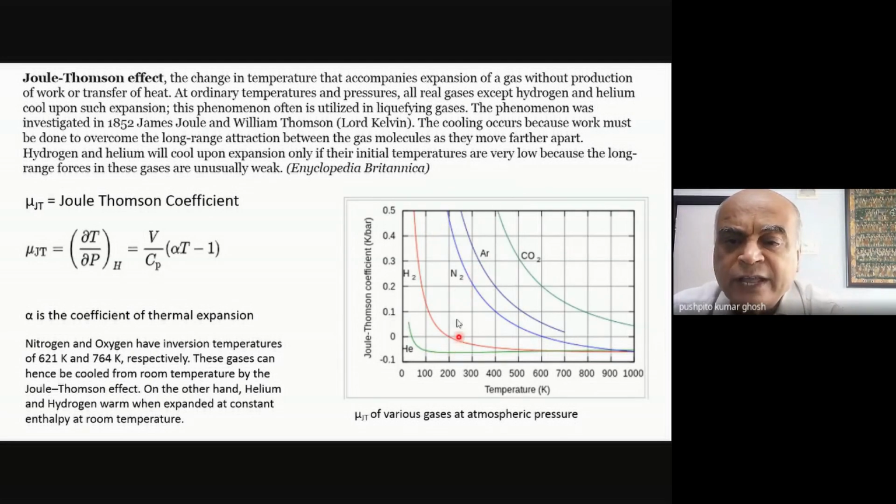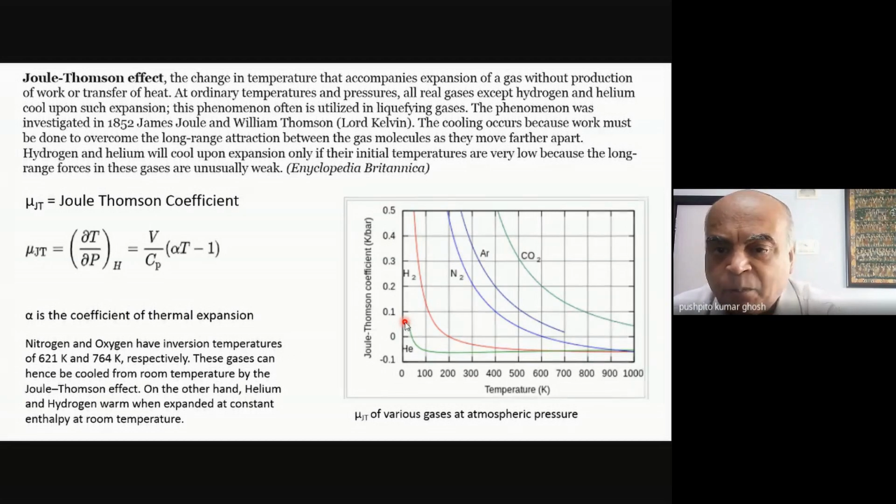So obviously, if you are trying to maximize the reduction of temperature, actually you will try to do it in a region where I've got a reasonably high value of my mu JT. Notice also that in the case of helium, only after you have gone to something like maybe about 30 Kelvin, the Joule-Thomson coefficient becomes positive.